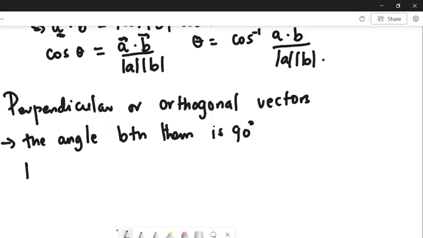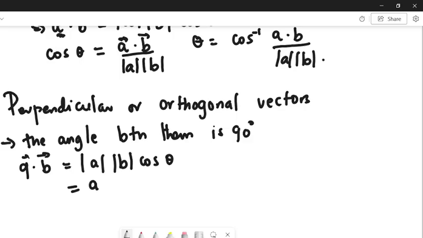But our formula is A dot B equals magnitude of A times magnitude of B times cos theta, meaning our A dot B should be equal to 0. That's the only time we're going to get them to be perpendicular.